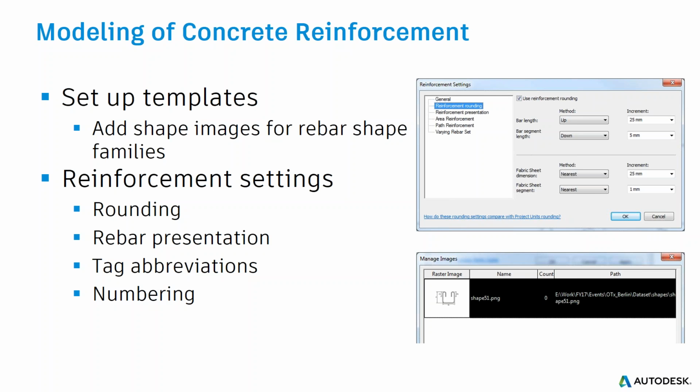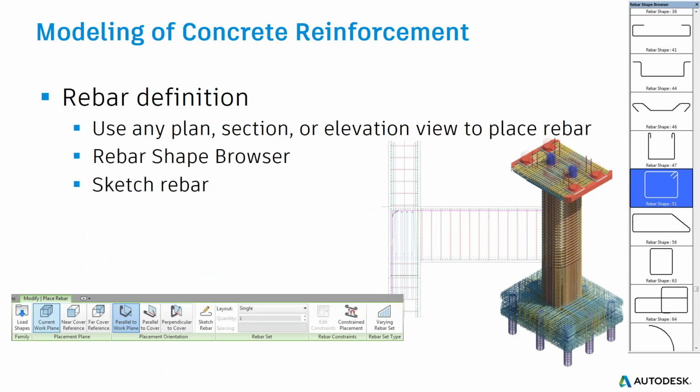Then also, you can place rebar in any 2D view. So you don't need to create a specific drawing where you will place the rebars, but you will use a drawing which is already created, and you will place your rebars, and you will have different modes. You will see it later on, live, how we can place these rebars related to existing elements.